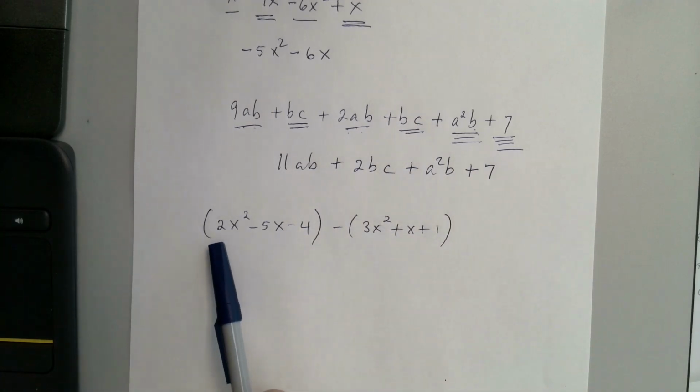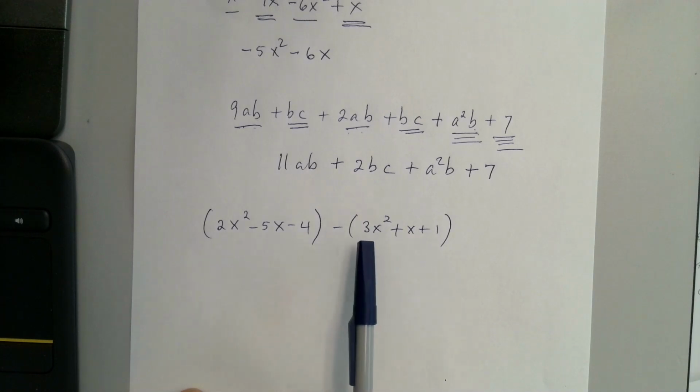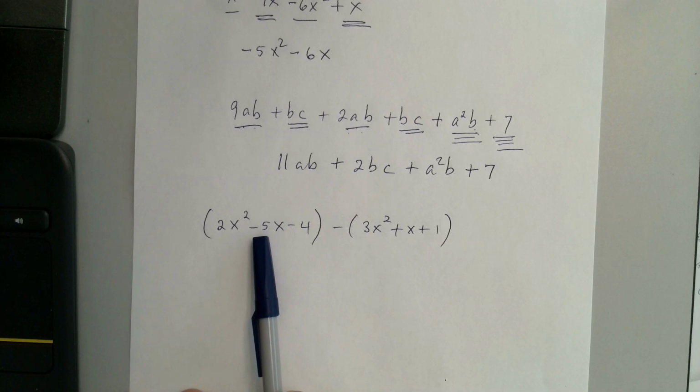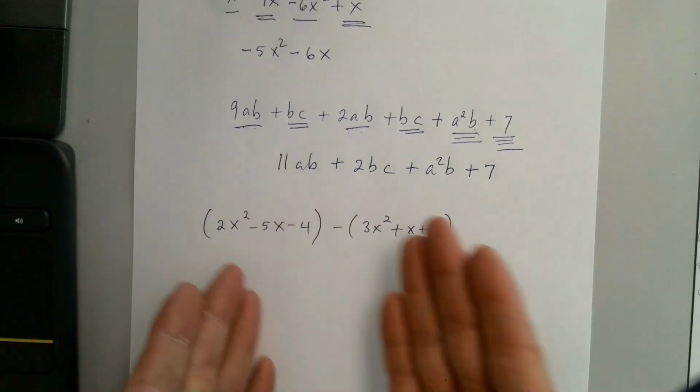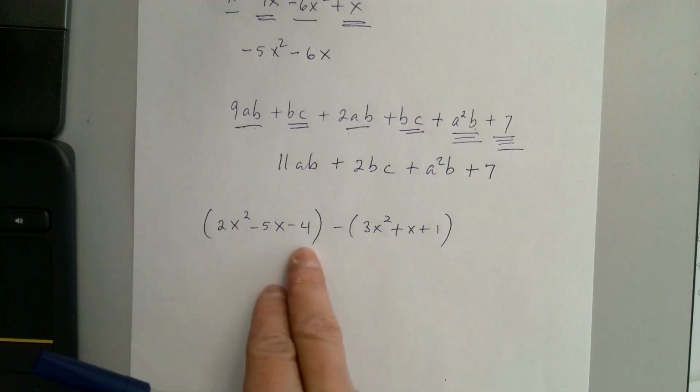Okay, so I have a trinomial, 3 terms, trinomial, and another trinomial. And this trinomial is being subtracted from this trinomial. And that's why I have these parentheses here. It's trying to tell me I'm subtracting this entire polynomial from this polynomial.